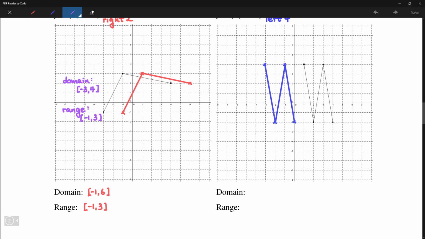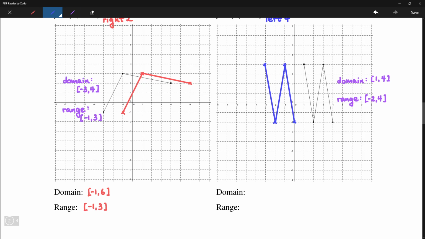And likewise for the second example on the right-hand side, the domain was 1 to 4, and the range was -2 to 4. And after the transformation, the domain is what changes.